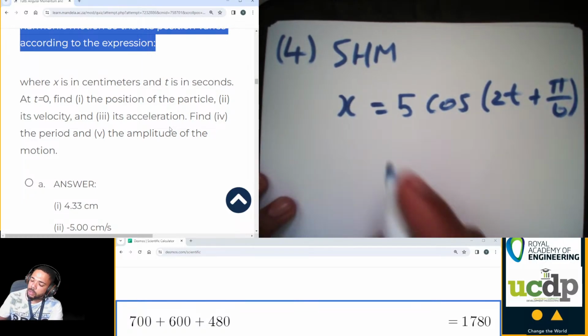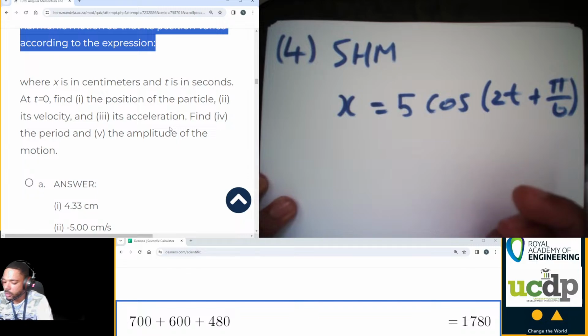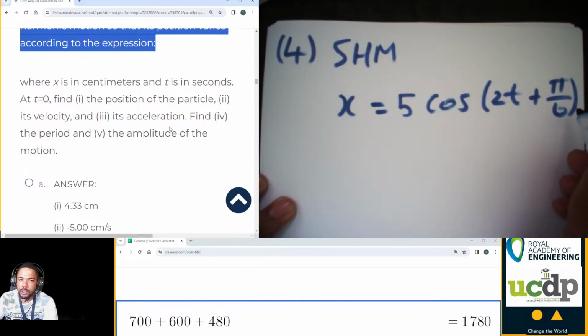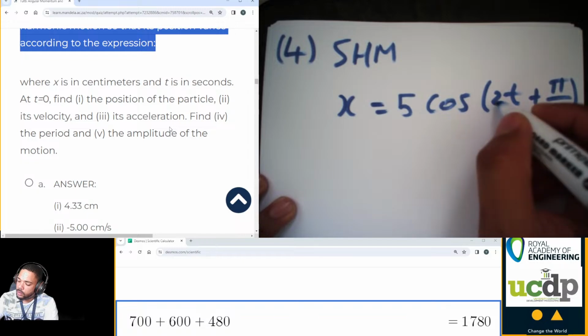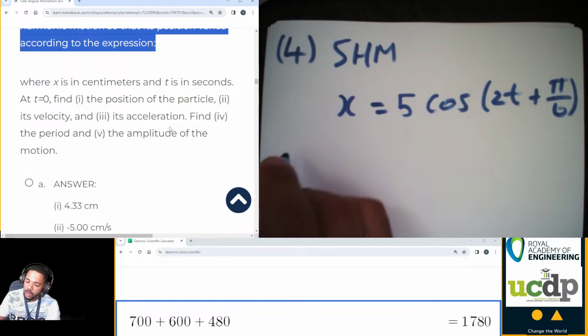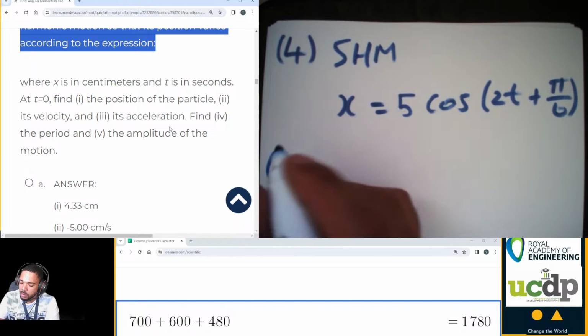This is simple harmonic motion. This is the formula that gives you position. This is the angular frequency, that is the phase angle. Now, if you have not done this and you are checking it at a later stage, please make sure you know what each one of those means.